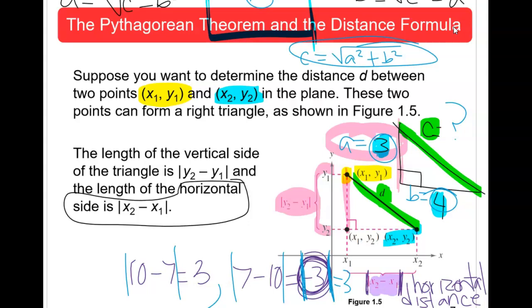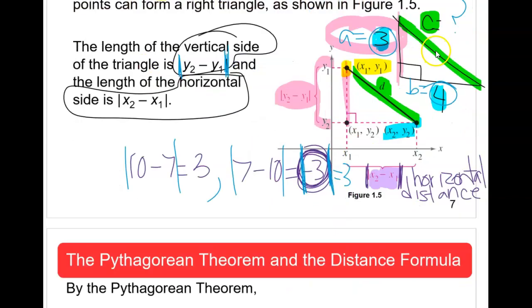So we subtract the y values. Again, we're talking about distance, we're talking about length, so we want that to remain positive. That's why we use the absolute value symbol here and here.